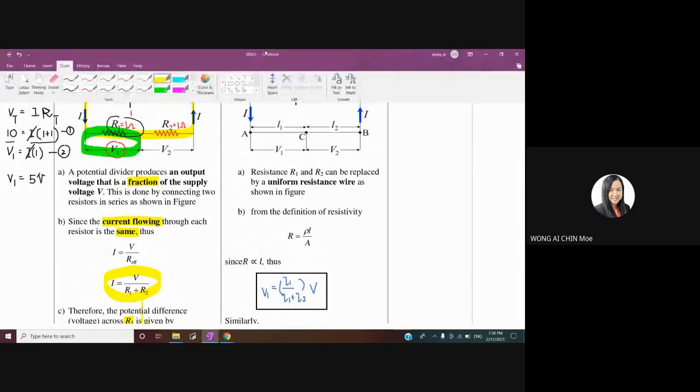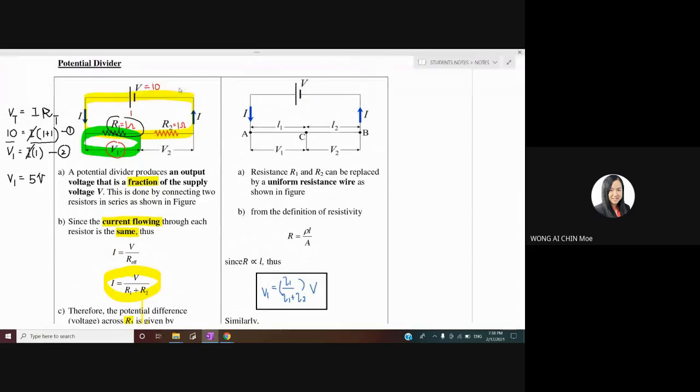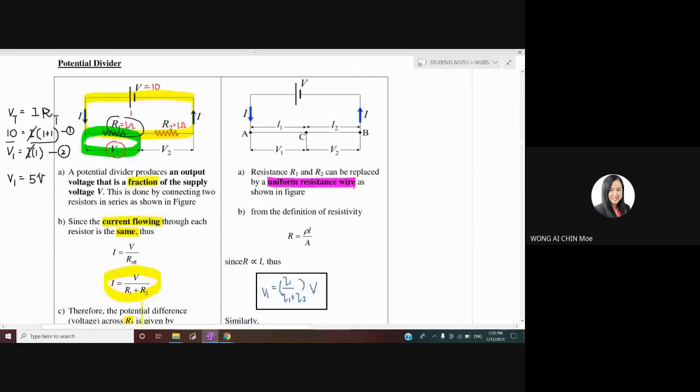So we try another question. The resistors R1 and R2 can be replaced by a uniform resistor wire. A wire is also a resistor, because resistance equals rho L over A, so it depends on the resistivity, the length of the wire, and the area.